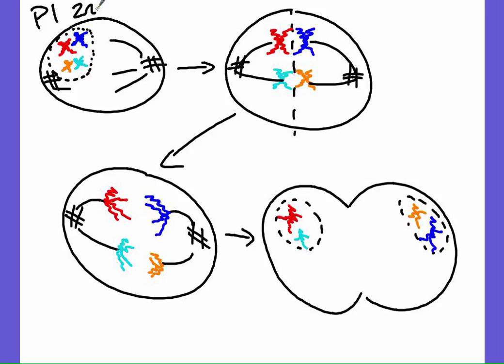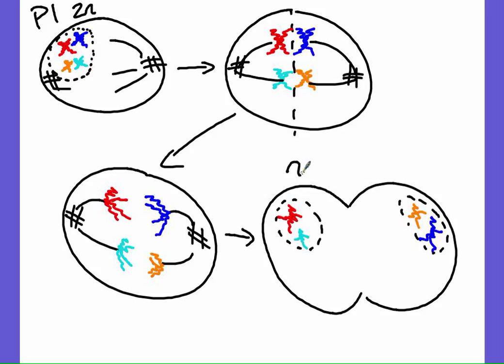Just the 2. So I'm not at 2N anymore. Now it's N. That's when my chromosome number gets cut in half. Since half of the chromosomes went this way, half of them went that way, I'm going to have 2 new cells with half as many chromosomes as the original. That's when I go from being diploid to haploid.